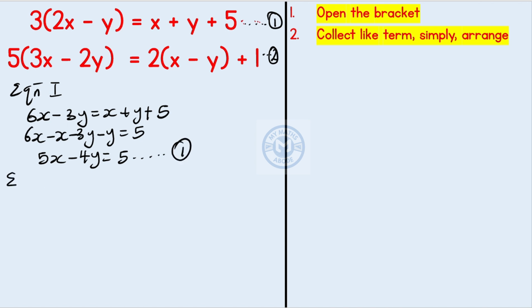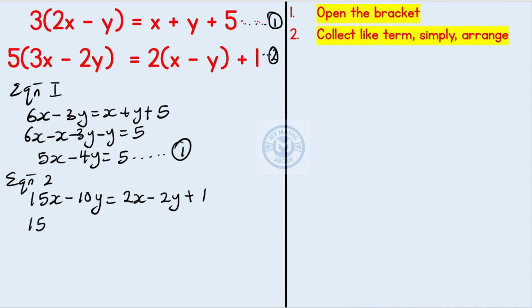So let me also solve equation 2. 3 times 5 or 5 times 3 is 15x, minus 5 times 2 is 10y, is equal to 2 times x is 2x, 2 times y is 2y, plus 1. Now what will I do next? I'm going to collect like terms.